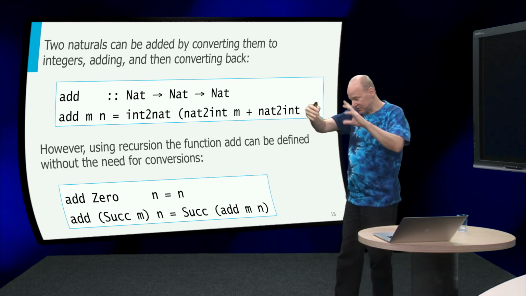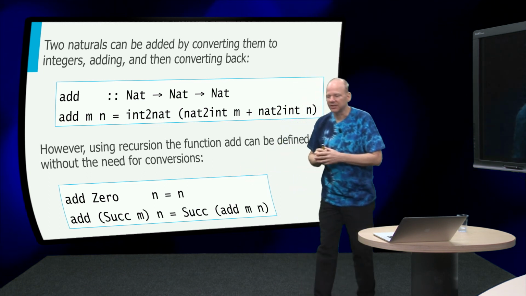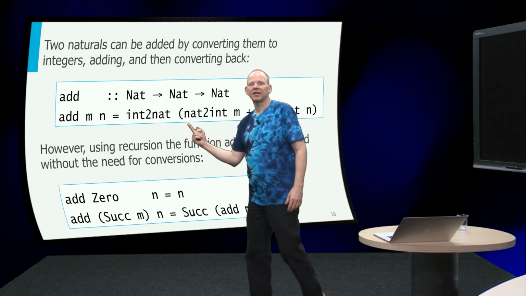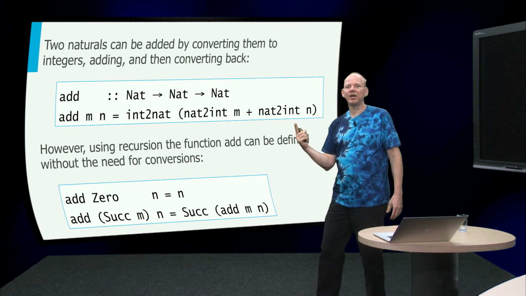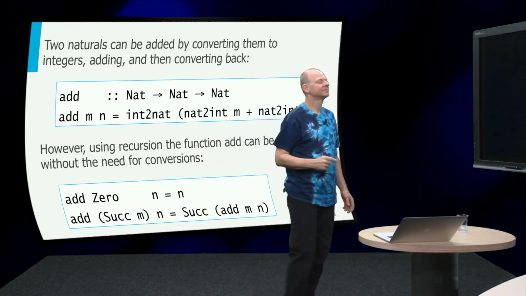We take a natural number, convert it to an integer, take the other one, convert it to an integer, add them up, and convert the result back.